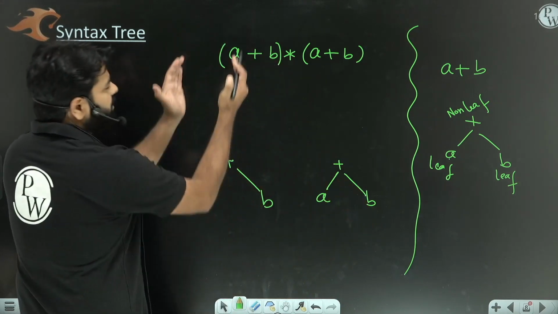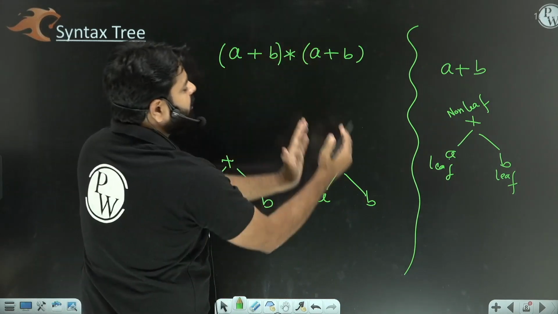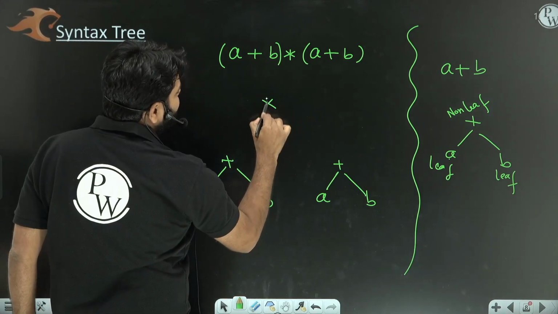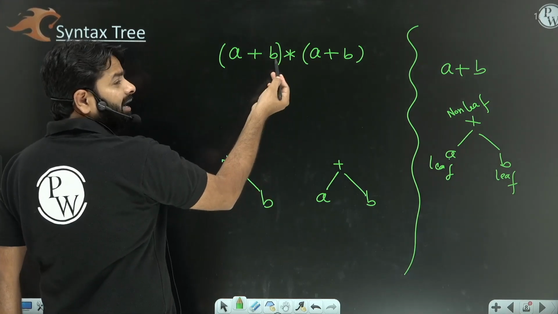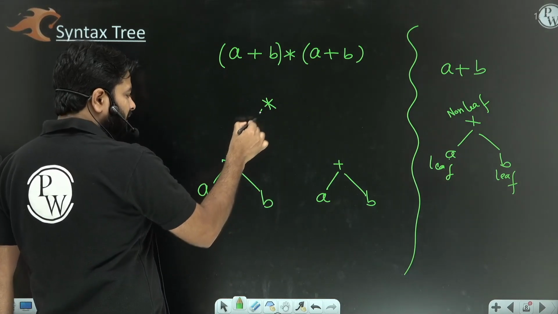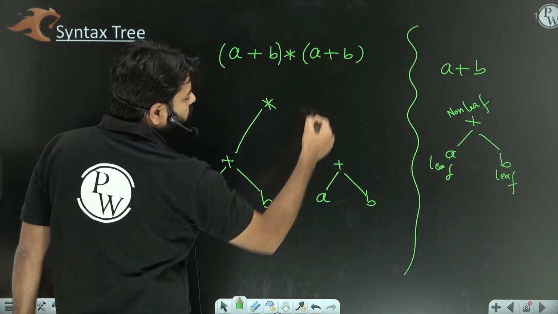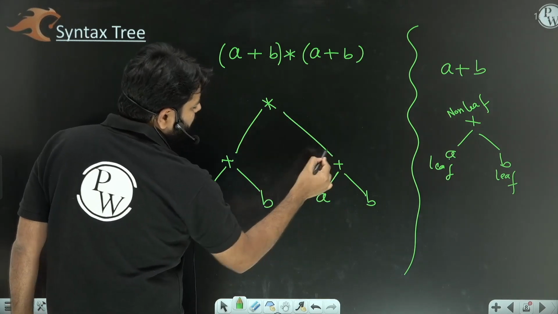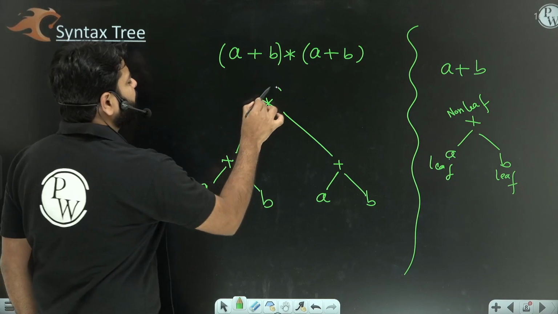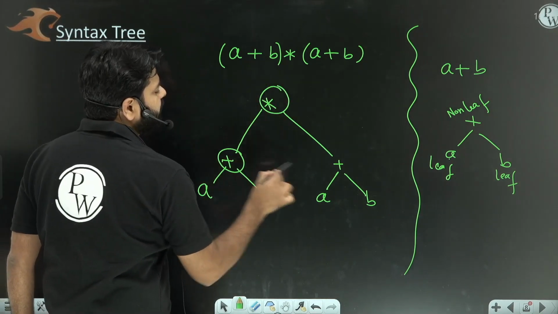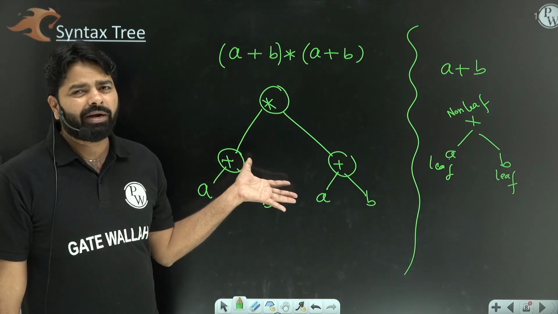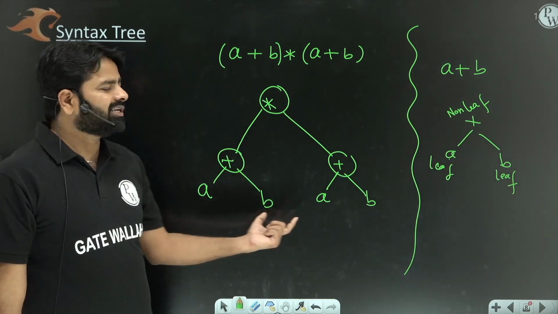So left operand, right operand, and the star. The left operand is the result of A plus B, so we'll connect here, and the right operand is also the result of this one, so we'll connect. To differentiate between leaf and non-leaf, you can put a circle on non-leaf nodes, but it is not compulsory.